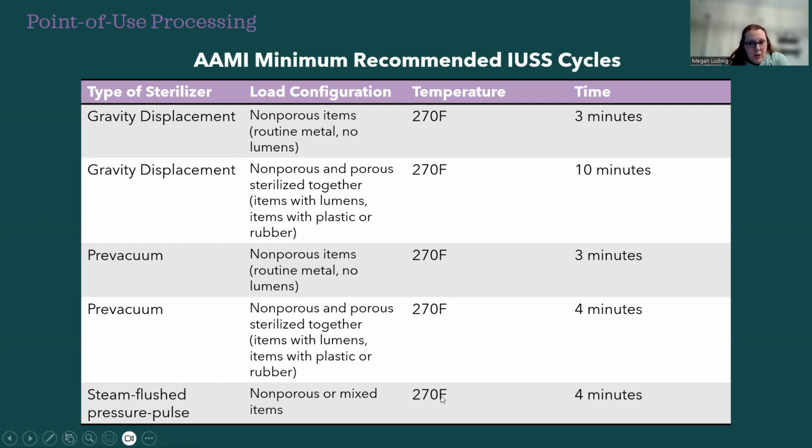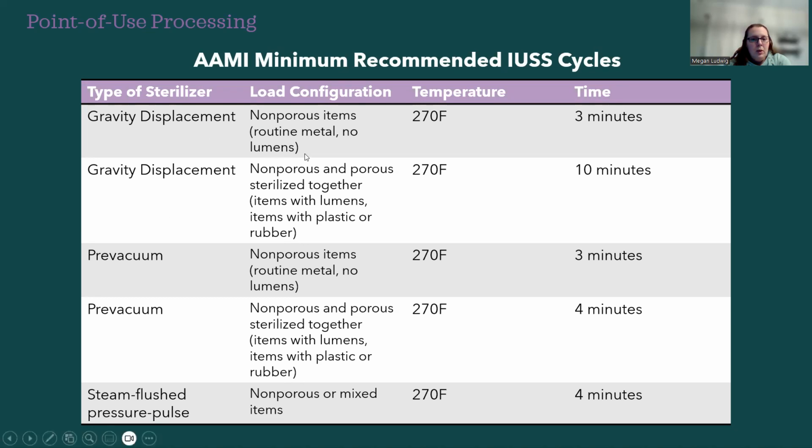The temperatures are all the same. What changes typically is the time based on what is in the load. So it's not going to be a full case of instruments that you typically have from your other steam sterilizers. These are usually 1 or 2 small things in immediate use, okay? Something you dropped, something like that.